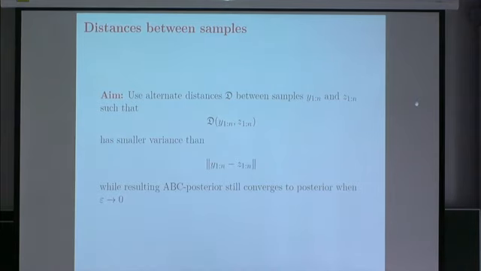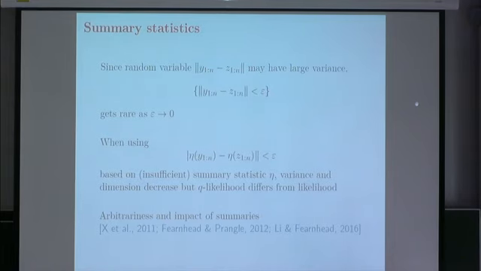Okay, and that's the starting point for trying to do something else, which is that, of course, there is a strong dependence on the summary. There is a discussion on the impact of the dimension of the summary compared with the dimension of theta, with a sort of convergence to try to have the summary as small dimensional as possible, which is essentially the dimension of theta, even though you can prove convergence in other settings.